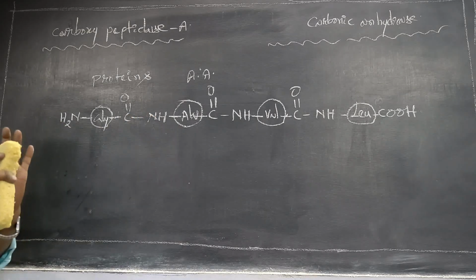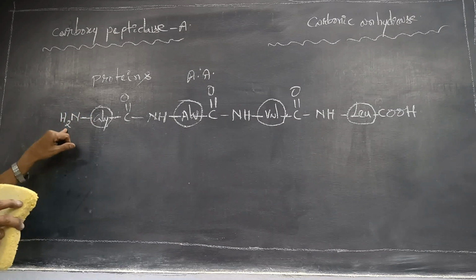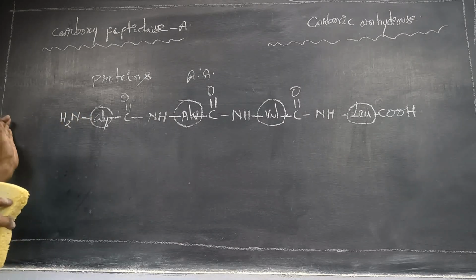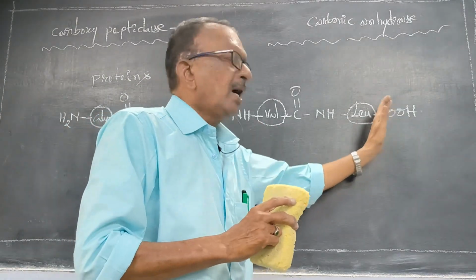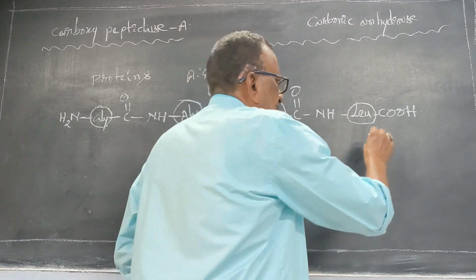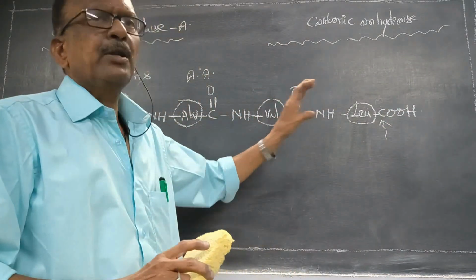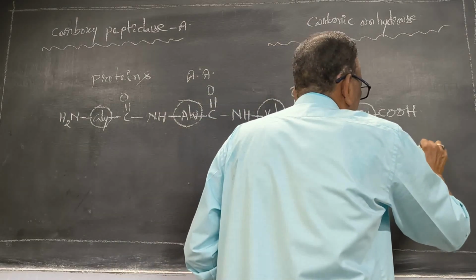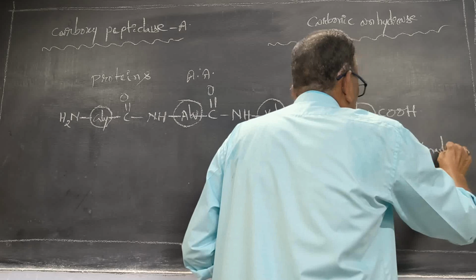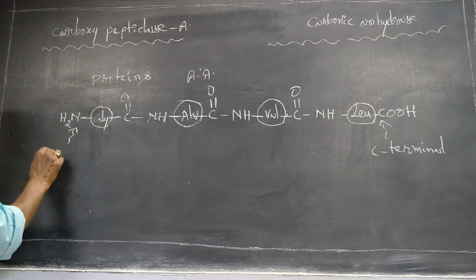In this case, we always represent the amino group on the left hand side and the carboxylic acid group on the right hand side. The carboxylic acid end is called the carbon terminal, and the other is called the nitrogen terminal.